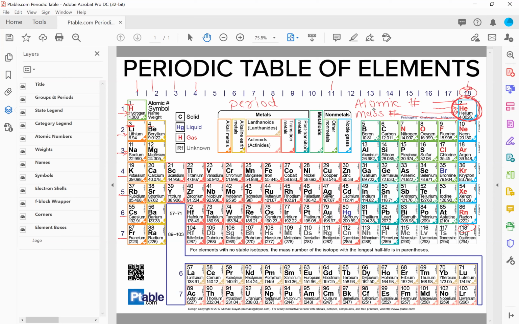However, when we refer to the periodic table, we call them a, anybody remember that? Group. Excellent, right? We call them a group. Okay, so a vertical column is called a group, a horizontal row is called a period. Everybody sounds good?